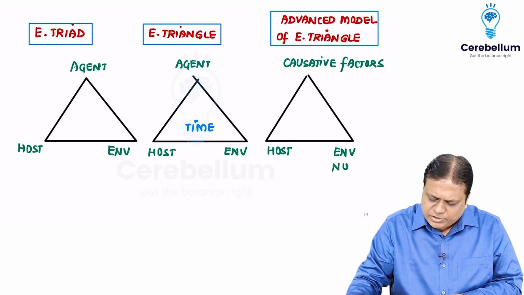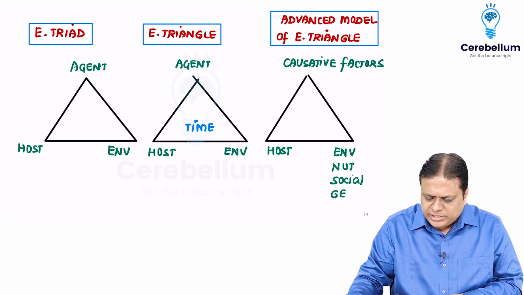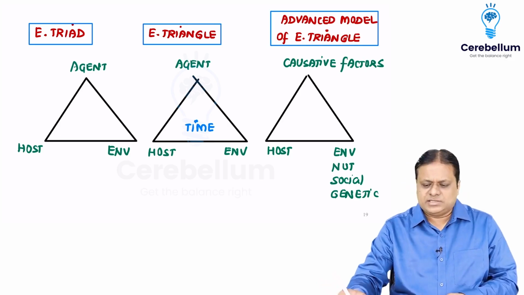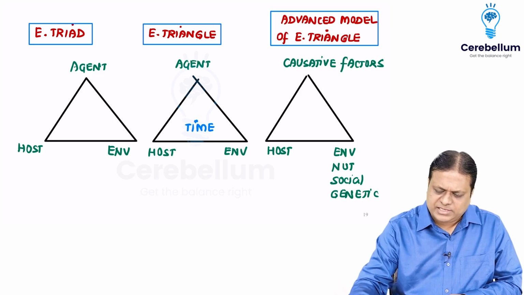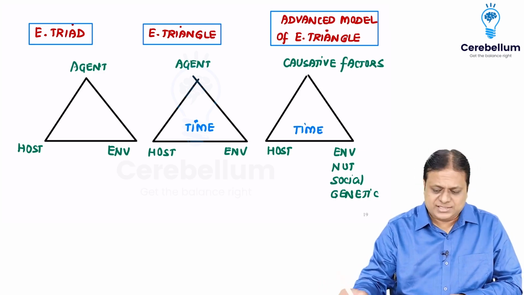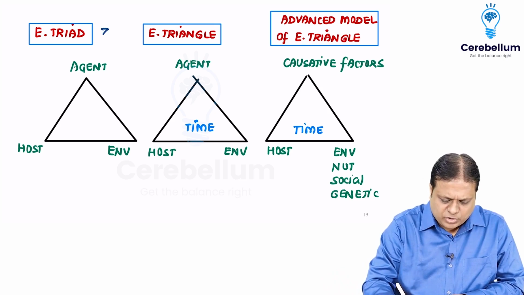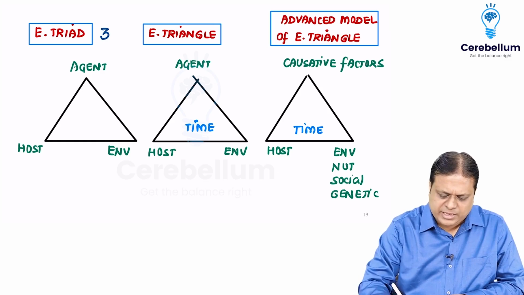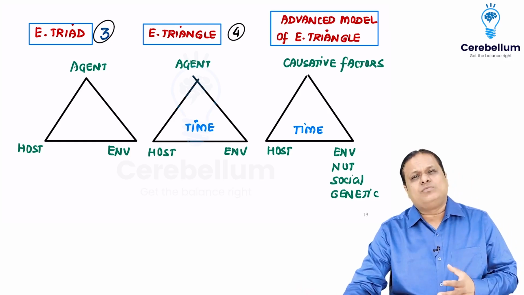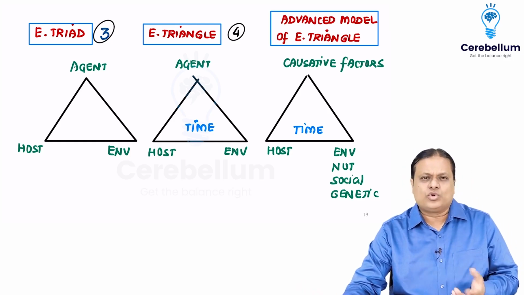Many places we have nutritional factors, social factors, genetic factors, cultural factors, psychological factors, and definitely in this center is time. So triad has three components, triangle has four components, and advanced model also you can say has almost four components.